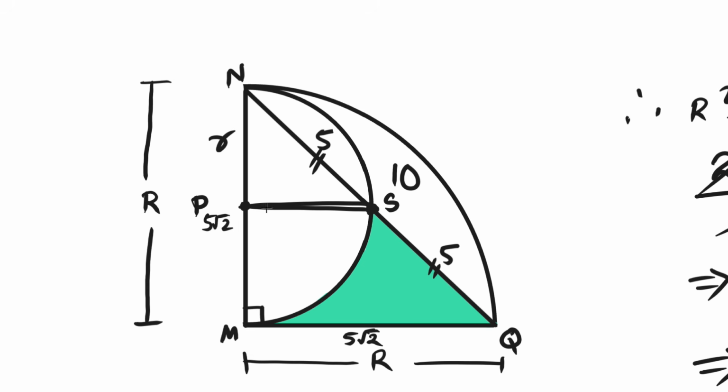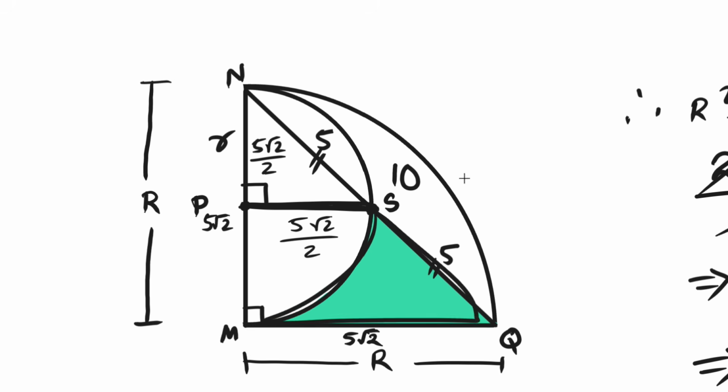So triangle NPS is a right triangle with its 2 perpendicular sides, both equal to 5 square root of 2 divided by 2. This is exactly the smaller triangular piece that we will need to subtract when finding the shaded region.